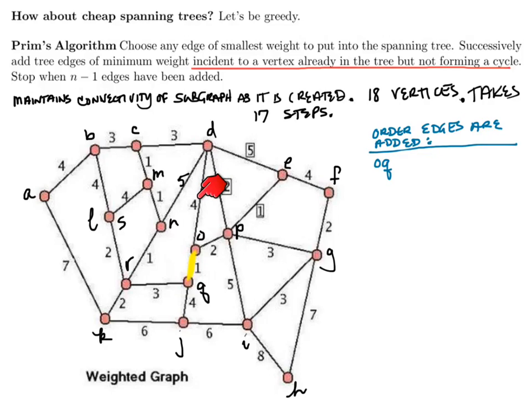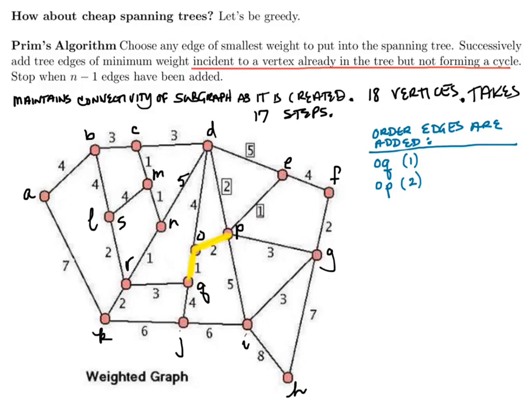So we have a weight 4, a weight 2, a weight 4, and a weight 3. Of those, the least expensive is 2, so the next step will be to add the edge OP. And when I do this, I'm going to note what the cost of each edge is along the way.